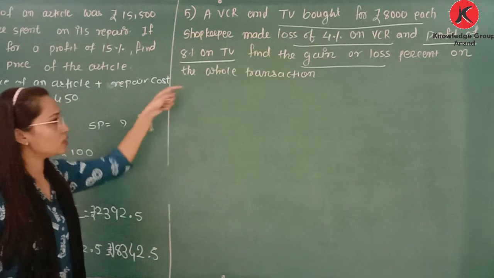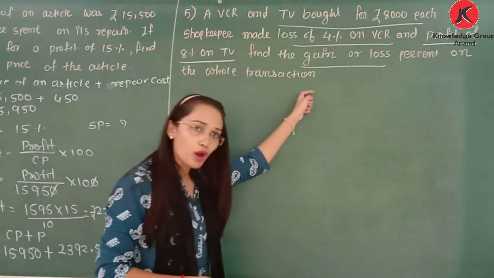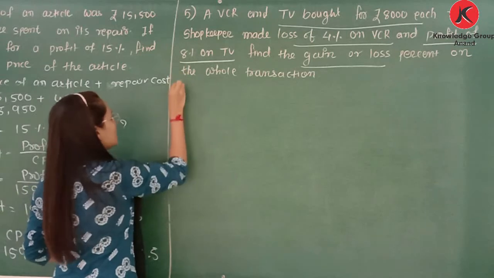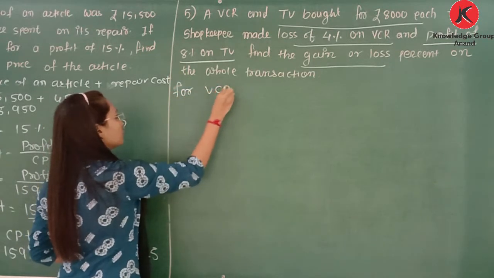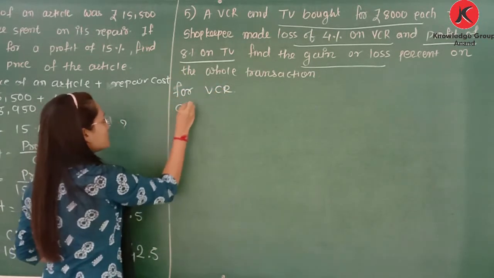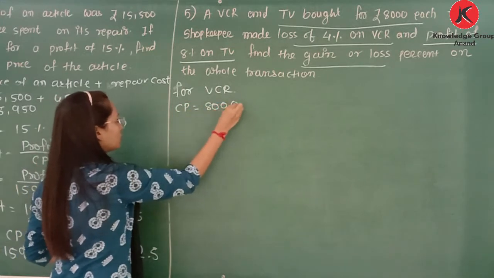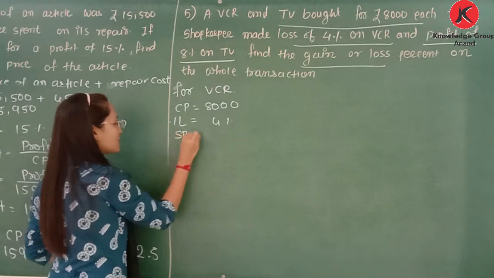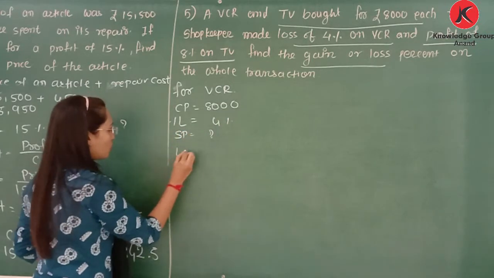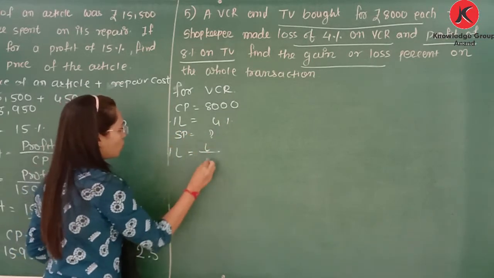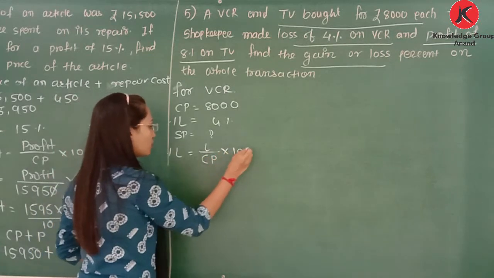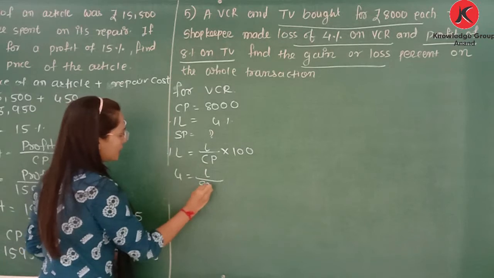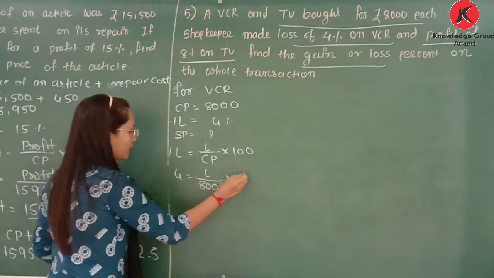So let's find the loss for VCR and profit for TV. So for VCR, CP is 8,000, loss percentage is 4% and we need to find the selling price. So loss percentage is the loss divided by CP into 100. 4, CP is 8,000 multiplied by 100.